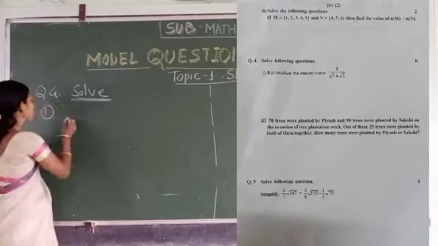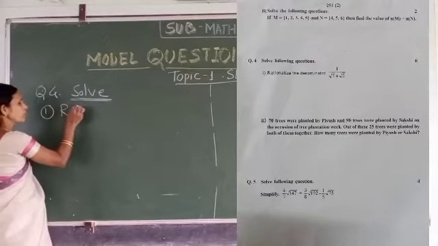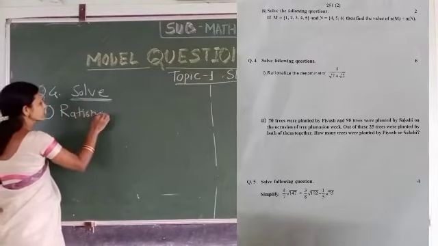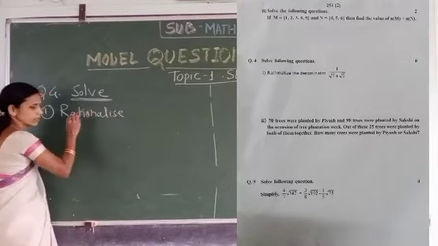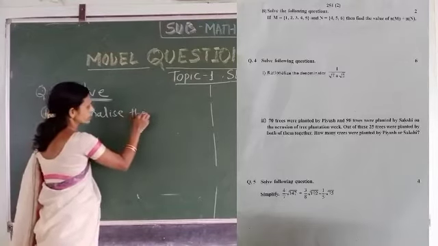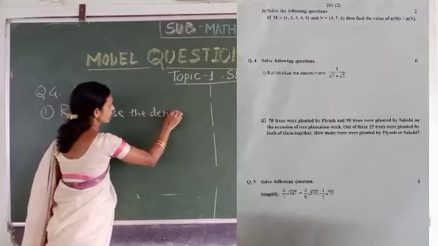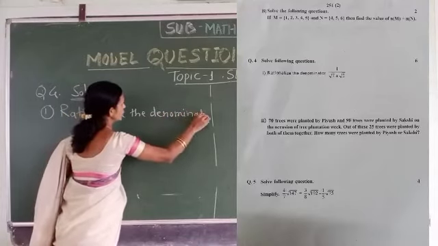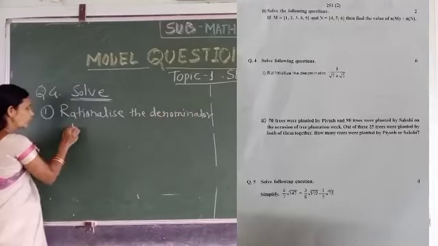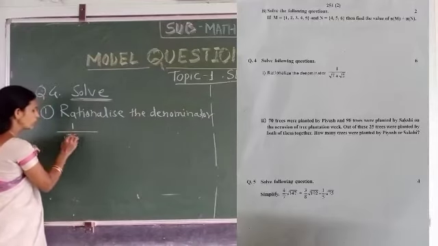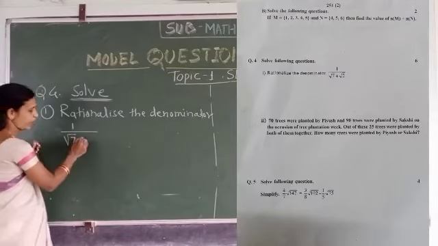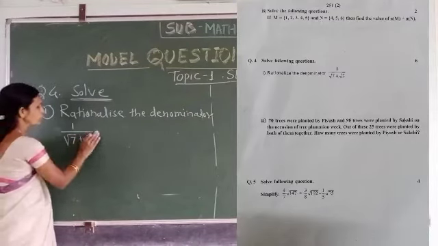Then here is the example given for rationalizing the denominator: 1 upon root 7 plus root 2.